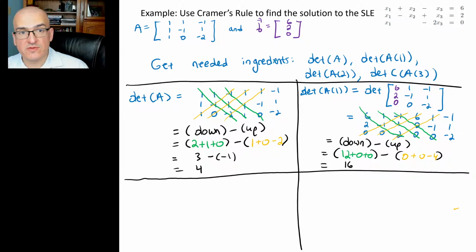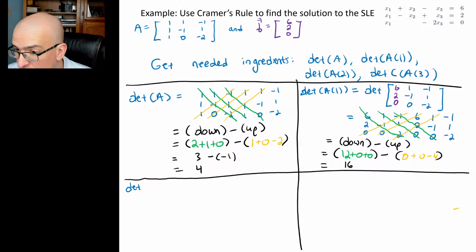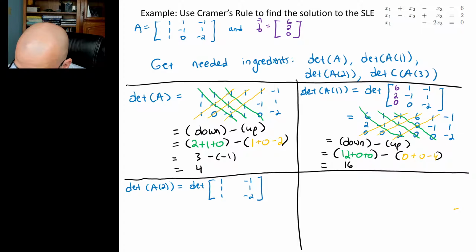Now we have to do the other 2 replacement matrices. So the determinant of A2. That'll be the determinant of the replacement matrix where column 1 is the same, 1, 1, 1. Column 2 gets changed and column 3 is the same, 1, 1, negative 2. Okay, so I'm going to put the 6, 2, 0 in the middle this time.